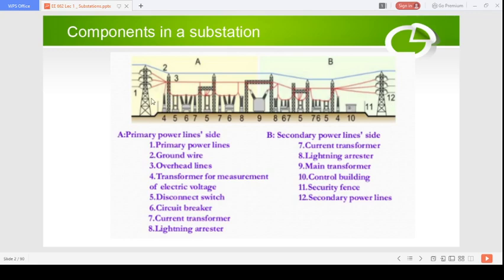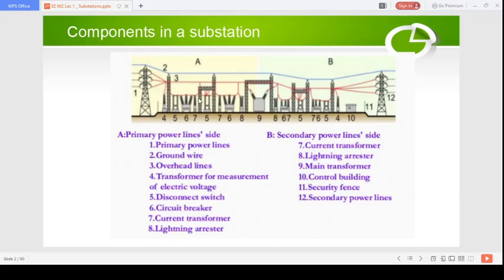In the substation you have the primary incoming lines, and then the ground wire which is connected to the ground. Then you have the overhead lines and different transformers for measurement, the current transformers and voltage transformers.